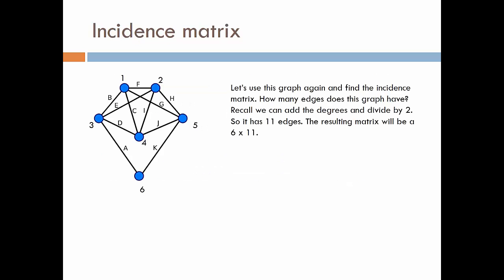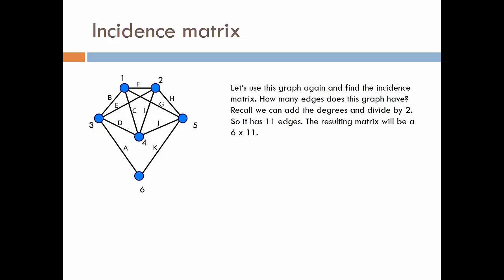Let's find another example. So we'll return to this graph, and we can see by the labels that we have 6 vertices. So we'll have 6 rows. How many edges does this graph have? We can add the degrees.